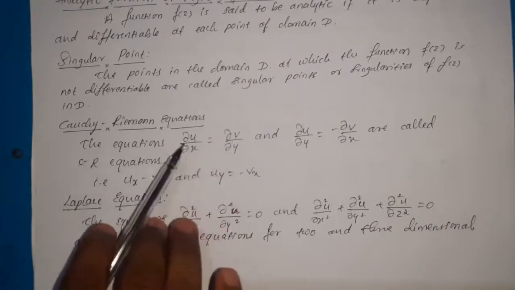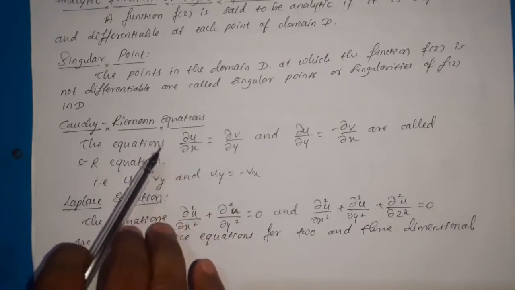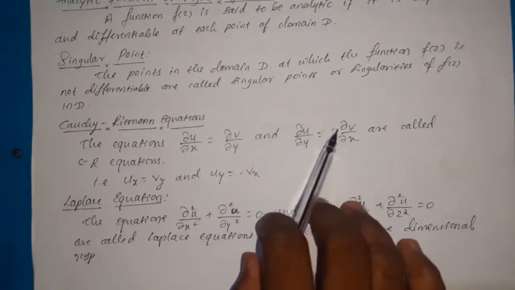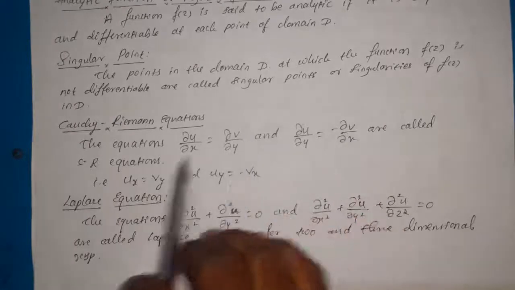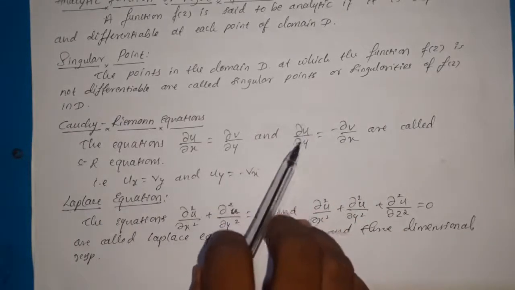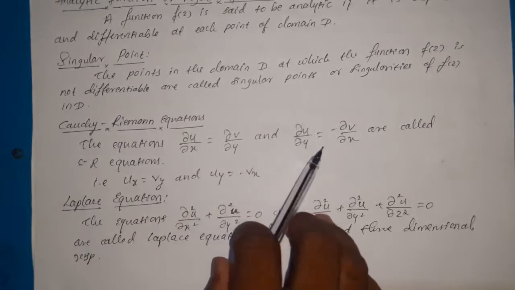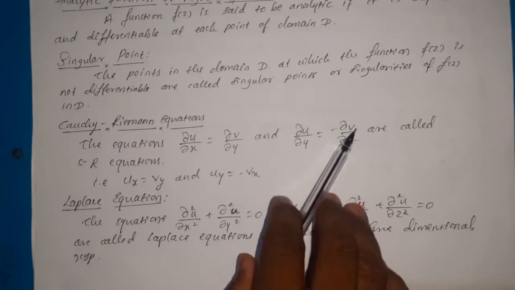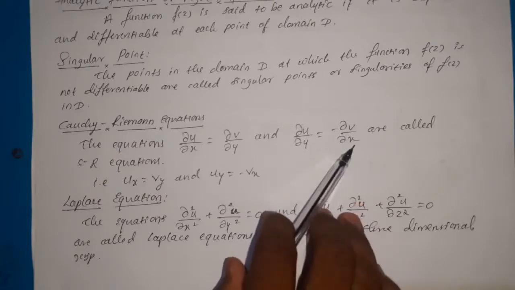And the second equation is dou u by dou y is equal to minus dou v by dou x, meaning the partial derivative of the real part with respect to y is equal to the negative of the partial derivative of the imaginary part with respect to x.